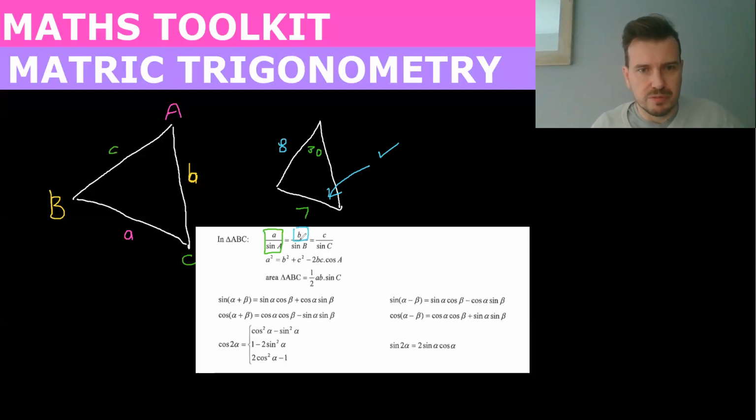Okay, so for this formula, basically the options are you need an angle and the opposite side and one other angle.